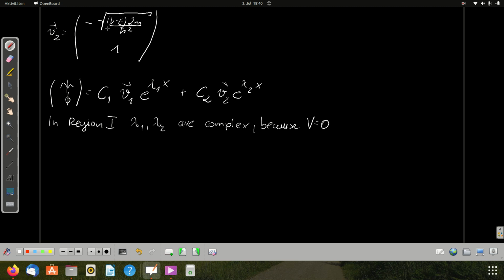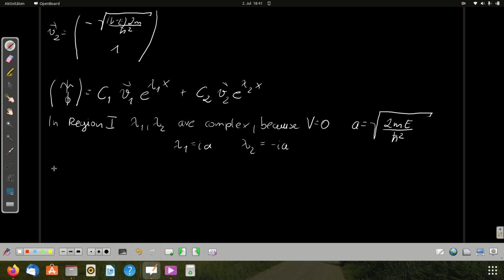Therefore, if you look here at this expression, if V is 0, then this expression in the square root is negative, and therefore lambda is complex. So for this purpose, let's define A equals the square root of 2mE divided by h bar squared. And here in this region, lambda 1 equals I times A, and lambda 2 equals minus I times A.